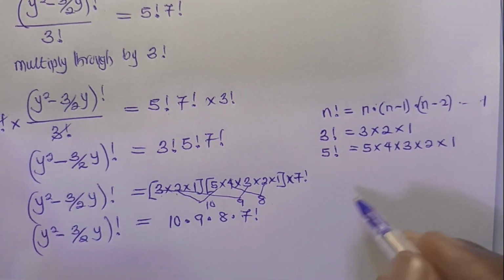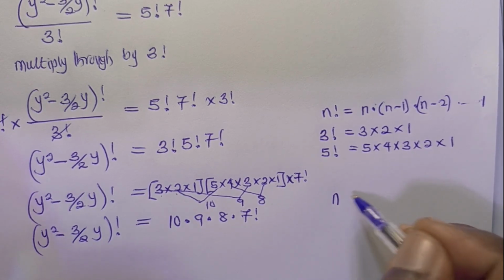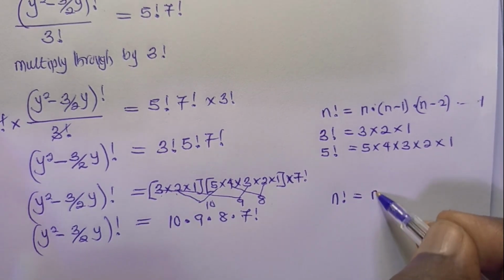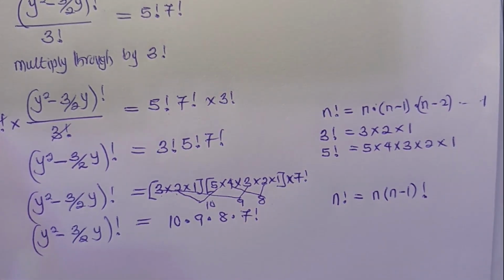We also know that n! is the same as n multiplied by (n − 1)!, right?